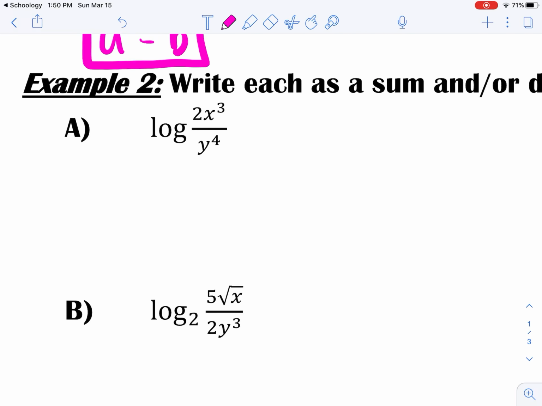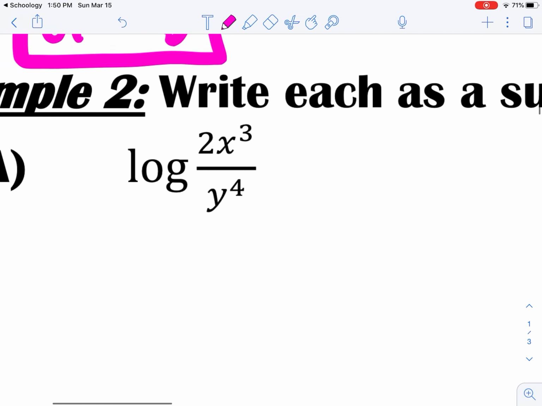Okay, so the first thing I tell students is that I have to get rid of multiplication, division, and exponents. So I look here and I say, is there anything in the numerator separated by multiplication? There is. So I like to put a little dot there so I can see that that's 2 different logs I'm going to break that into.